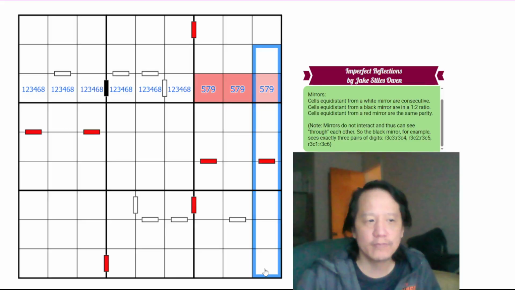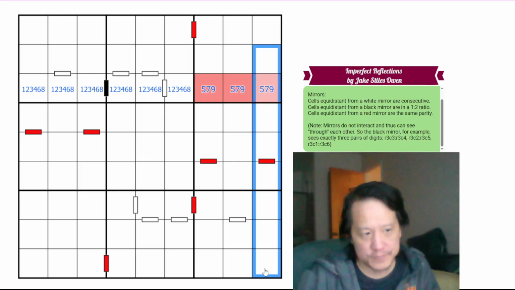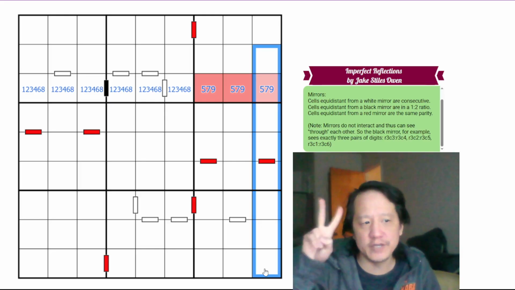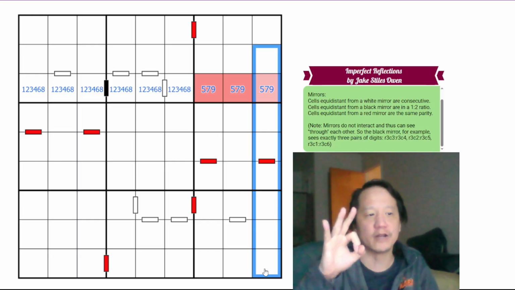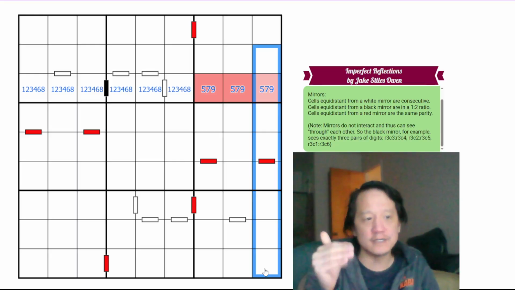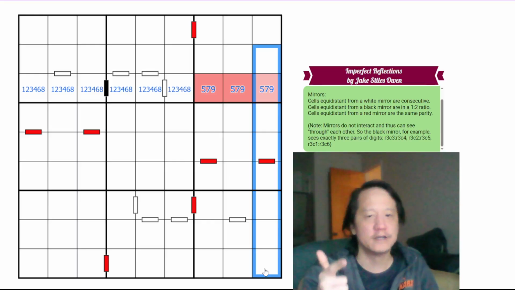Well, you can only have 2 of each pairing, because if you have 3 of a pairing, that means 6 of the cells would be either all even or all odd, and that's not allowed.